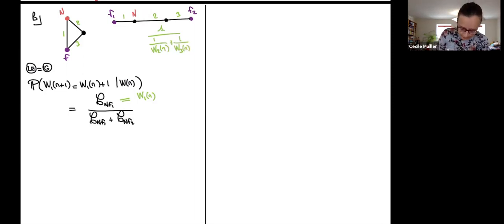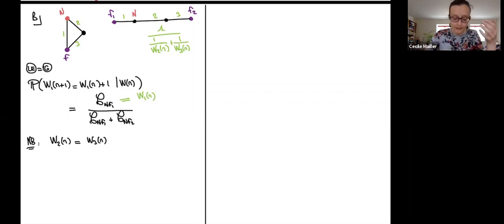Okay, just a little nota bene here is that in these two models, model LE and G, we always have W2 of n equals W3 of n, because as I explained, at every step, we do either +1 to this edge or +1 to these two edges. So the weights of these two edges are always equal. And this means that the effective conductance between n and F2 is now simpler.